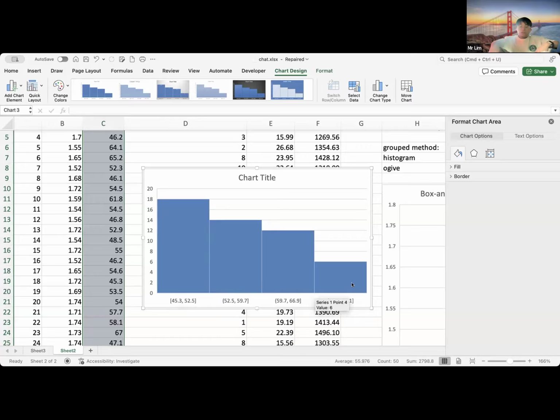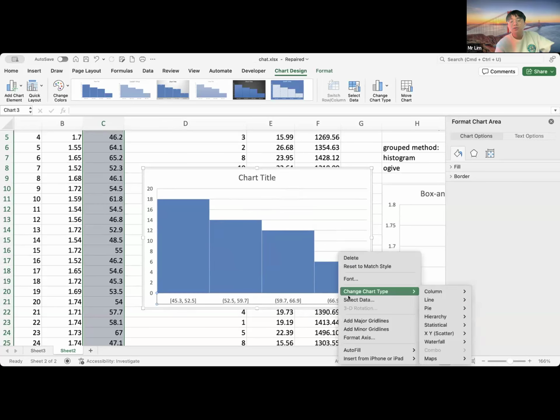So I think this is already quite good, right? This is already a very good histogram. Or if you want to do something else, maybe you say, okay, I don't want to have only 4 bars. You wish to have more, or you wish to adjust your x-axis.